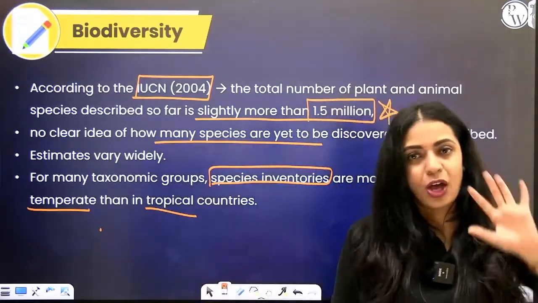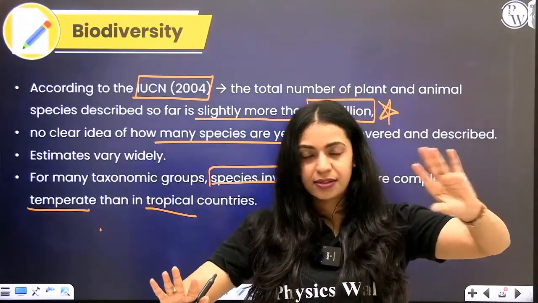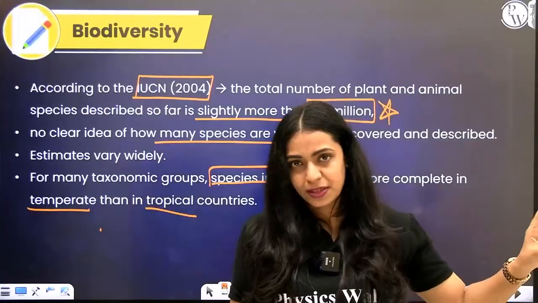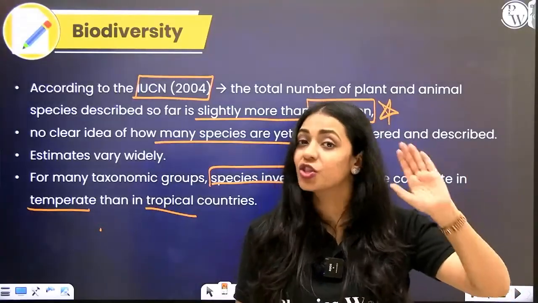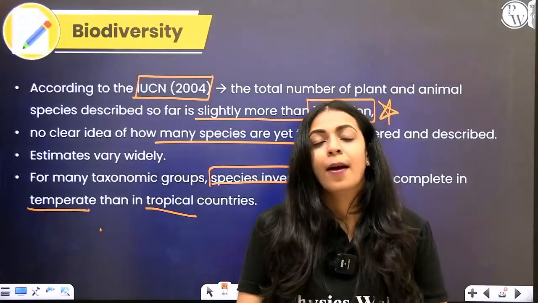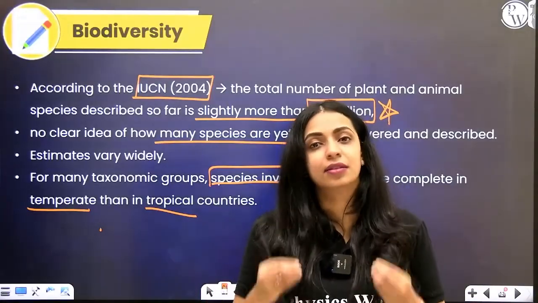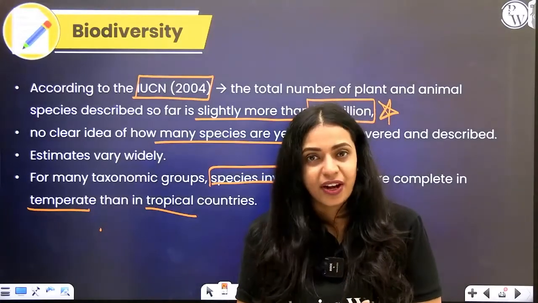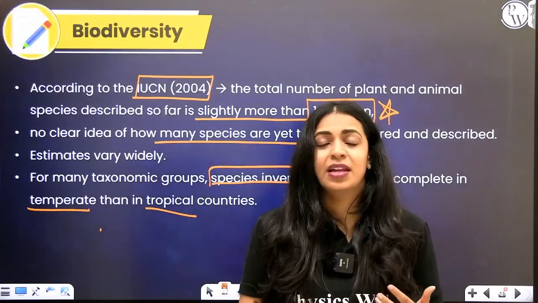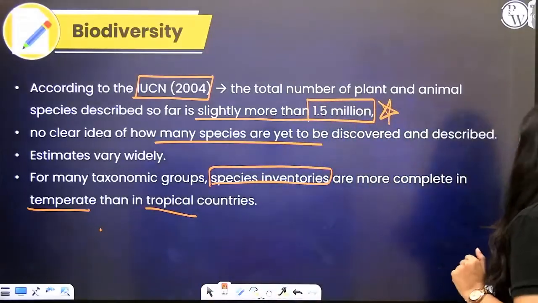Listen carefully. You have the temperate countries and then you have the tropical countries. In the temperate countries, for several taxonomic groups, the inventories are pretty much complete. But it's not the case in tropical countries. But for some taxonomic groups, like for some insects, the species inventory is pretty much at the same level for both temperate and tropical countries. Okay?